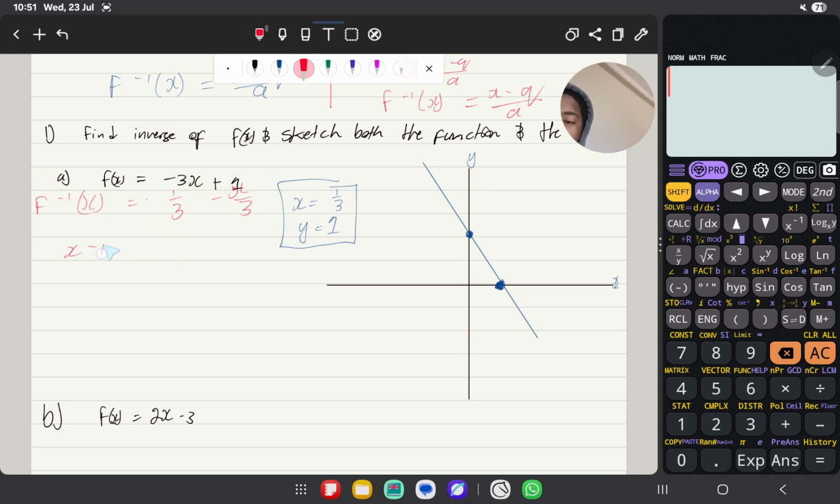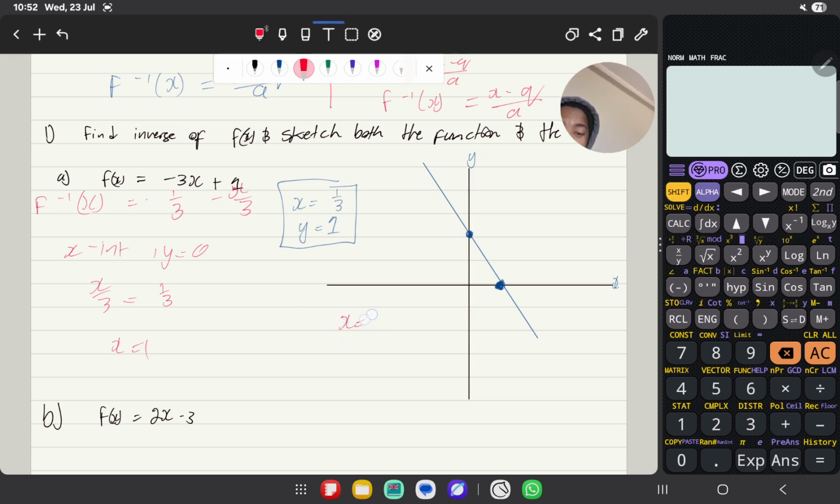So for x-intercept, y is 0, so therefore we have 0 equals 1 over 3 minus x over 3. We transpose, so we're gonna have x over 3, we multiply by 3, we get x equals 1.